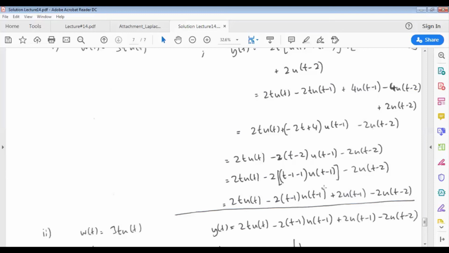The second term here is then separated into a second term and a third term. The first is a ramp with a step, and the third term is a step. Hopefully you understand the process here. So Yt is written in these 4 terms. This is the answer for part A.